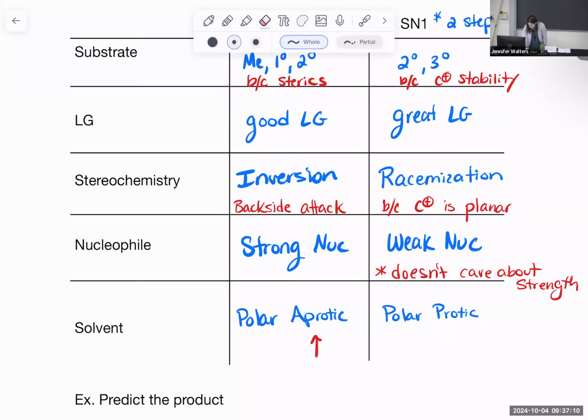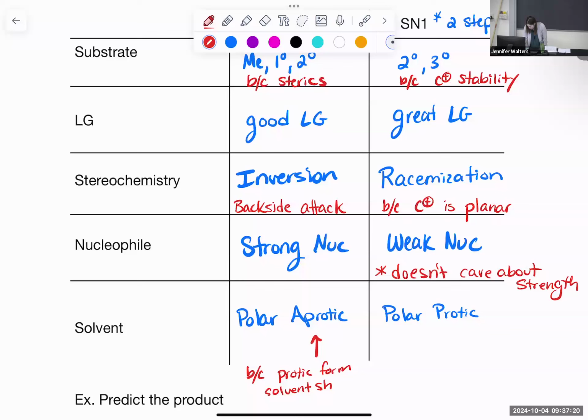Actually, let's write it that way. So because protic solvents form solvent shell that weaken the nucleophile.